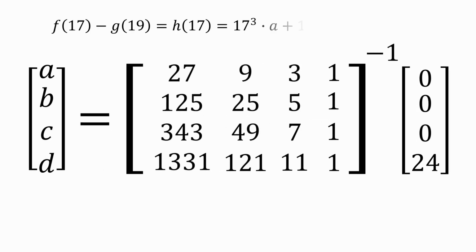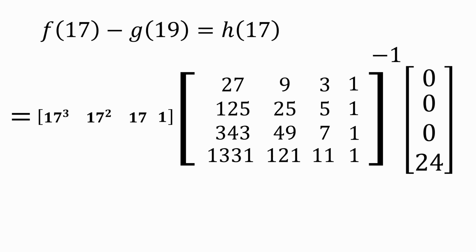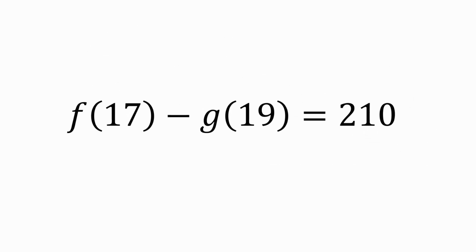And now he can get the answer to the problem by plugging in 17 for x. We can get this in one fell swoop by front multiplying both sides of our matrix equation by the following 1x4 matrix. And sparing all the gruesome details, I can assure you Crazy Problem Solver will eventually get 210.